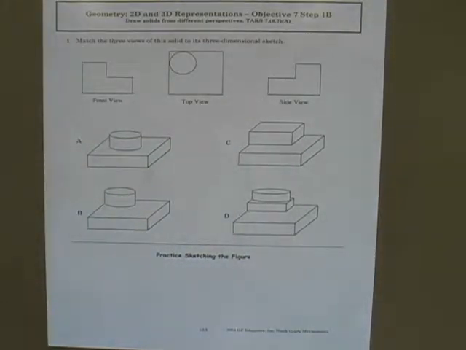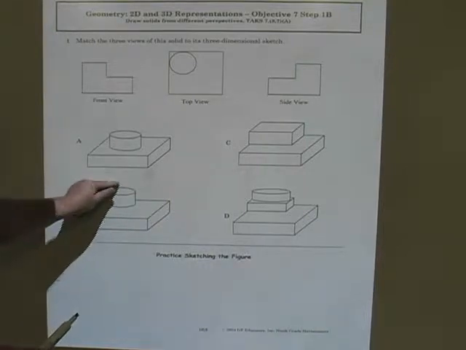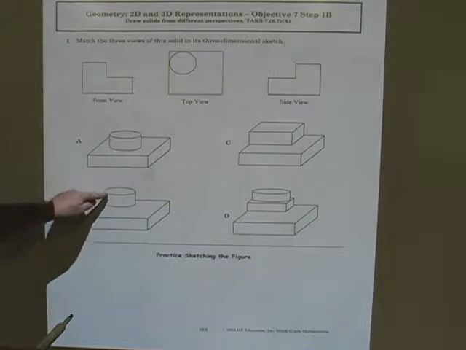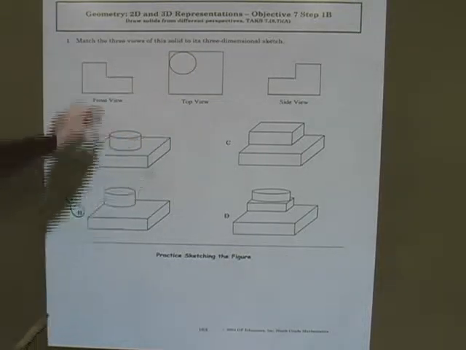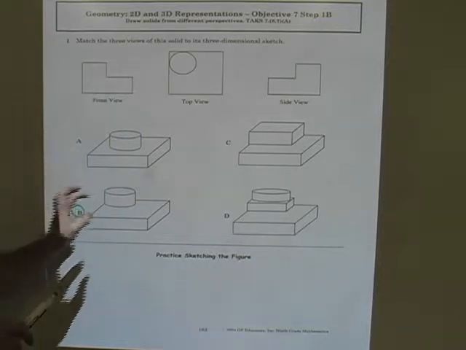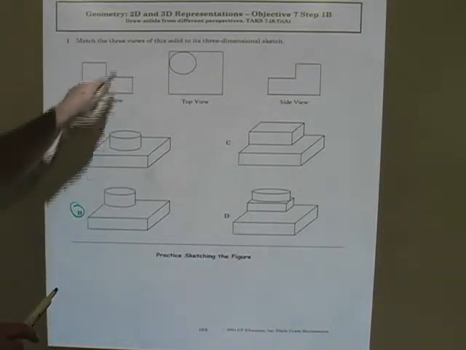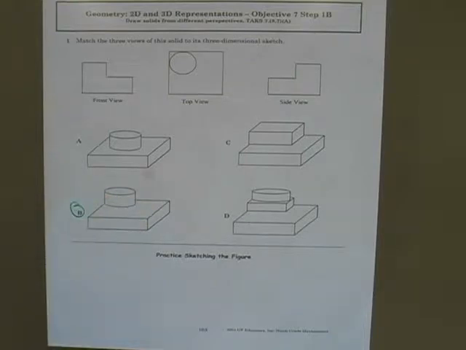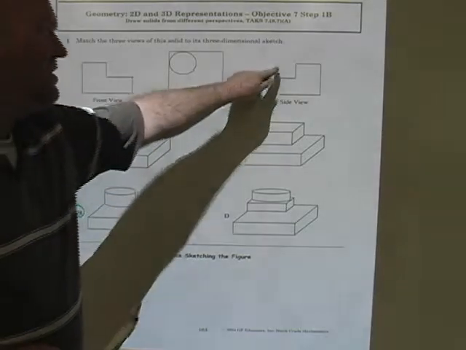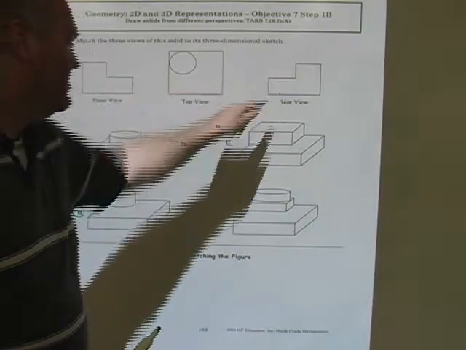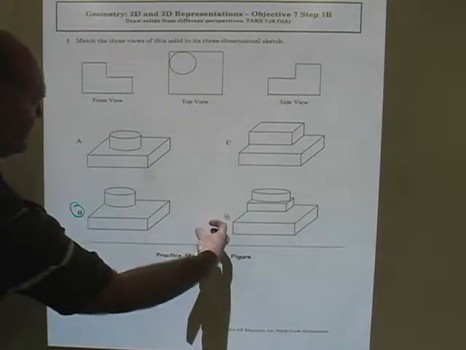And on this one, the answer is going to be B, because you have a circle at the top left corner when you're looking at it from the top. You can see that right there. The front view has a piece missing over here on the top right. And the side view has a piece missing on the top left, which would be looking from here.